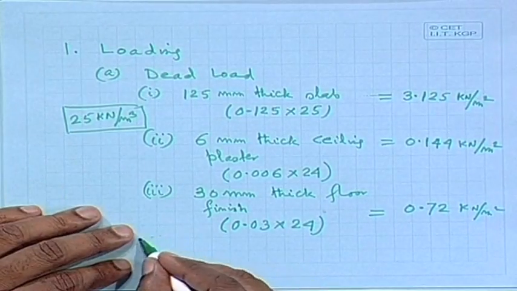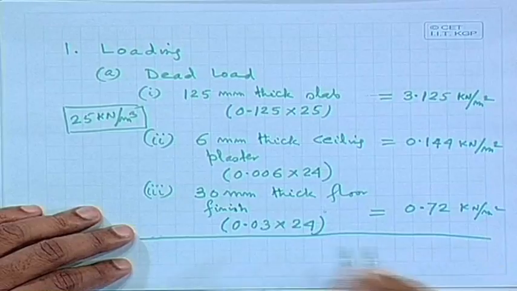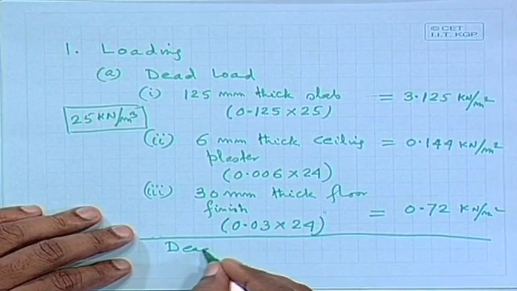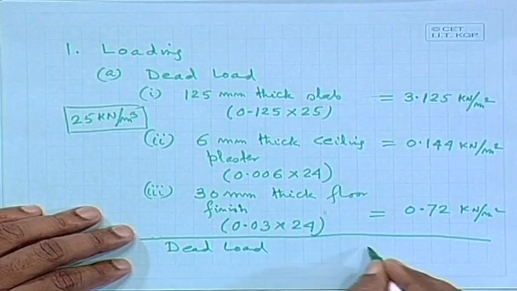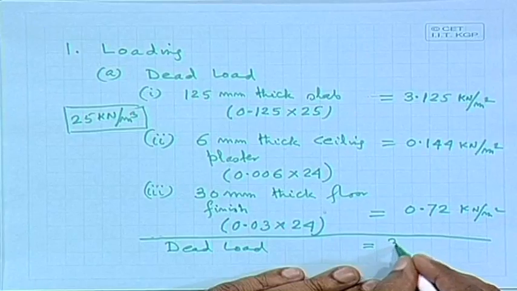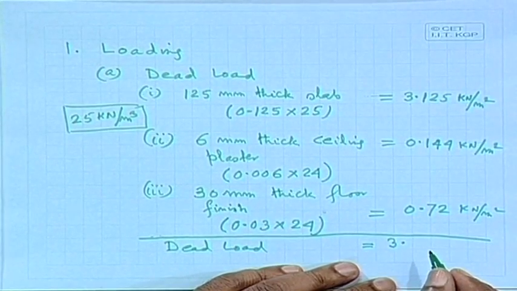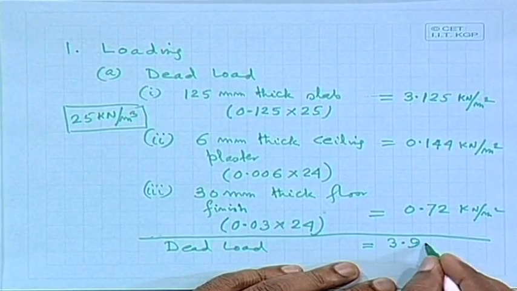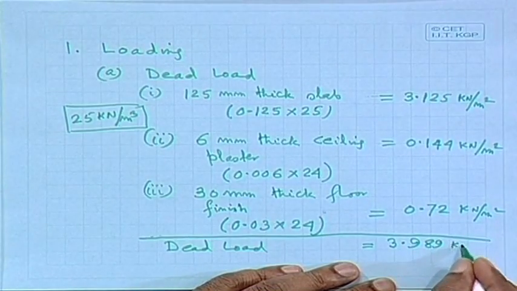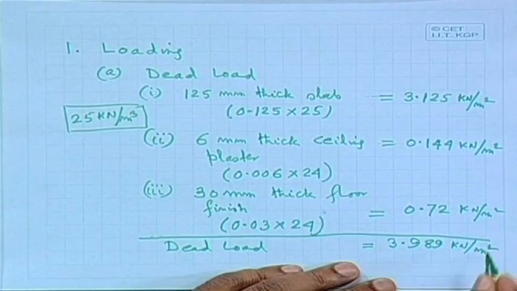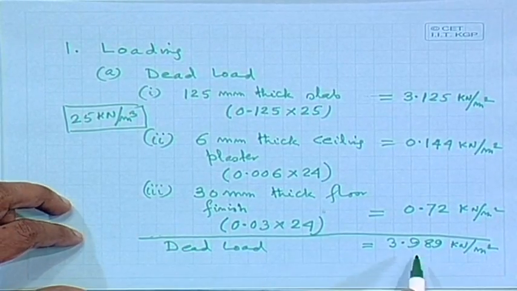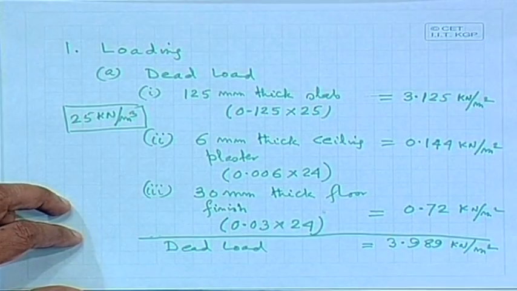So, dead load equals 3.989 kilonewton per square meter. So, dead load 3.989 kilonewton per square meter.